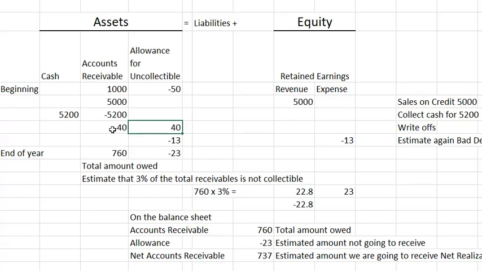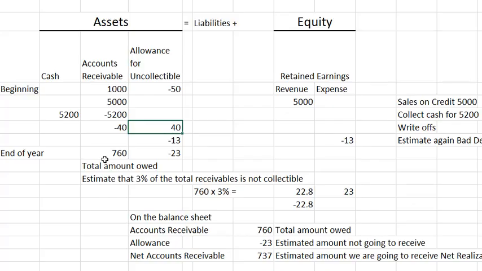See that decrease there and increase there, offset, keep us in balance. That gives us accounts receivable 760. So in our accounts receivable, our customers owe us $760 million, whatever you want to refer to it as.